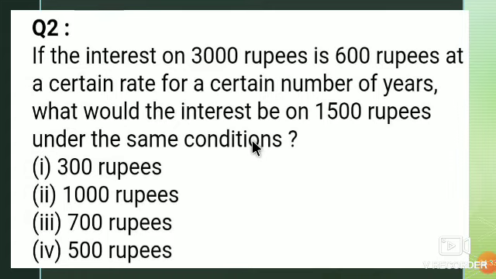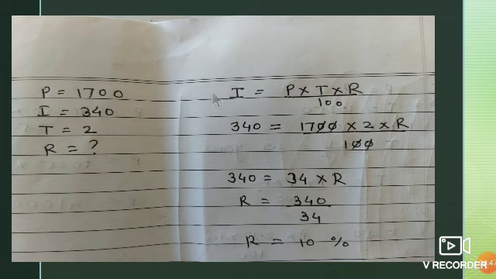Here also two cases are given: if the principal is 3,000, and if the principal is 1,500. In this question, the rate of interest is not given, and the number of years is also not given. In this formula, interest is given, principal is given, but time is not given, and the rate is not given.